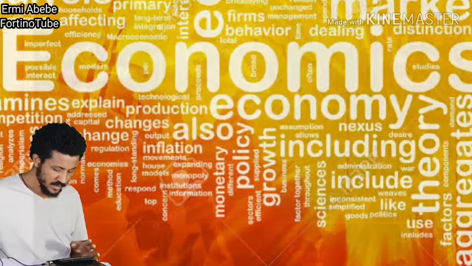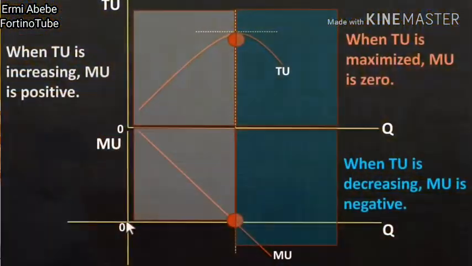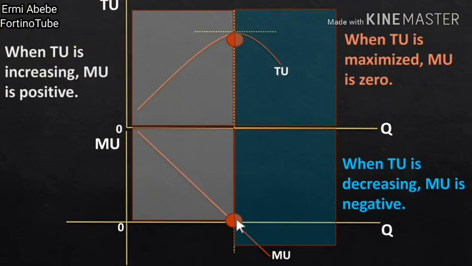So what we understand is that beginning from 0 up to this point, quantity on the x-axis, marginal utility is above the x-axis. This height area shows marginal utility above the x-axis, which means it is positive.